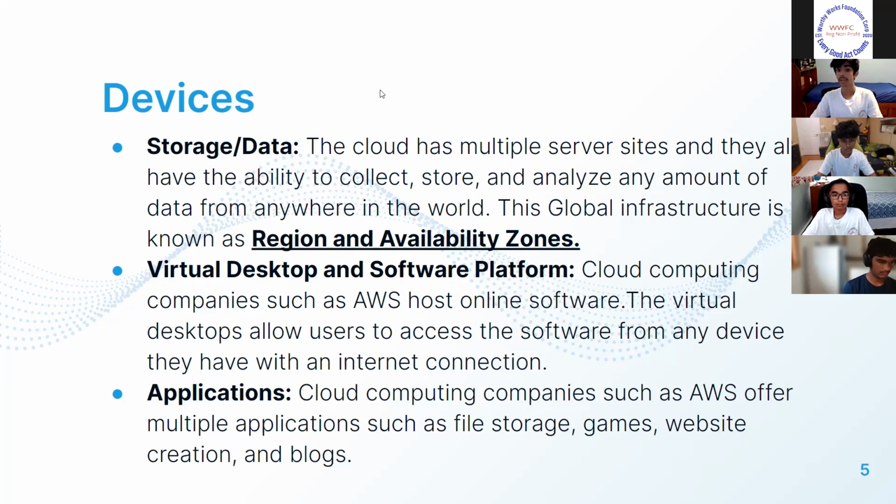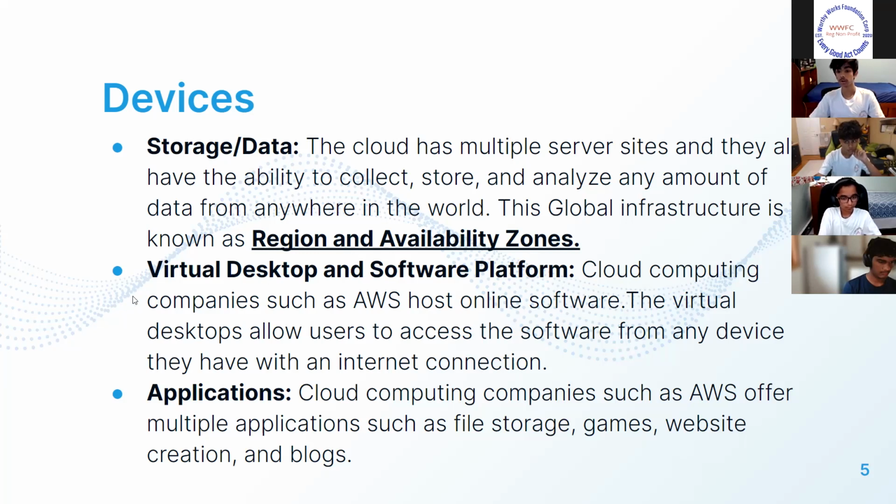It's Virginia, but that doesn't mean that our data is only backed up on that region. So there are also regions like Ohio, Atlanta, California. Our data is still backed up on these different servers. We're just accessing it from the Virginia one, basically because we want the fastest connection.